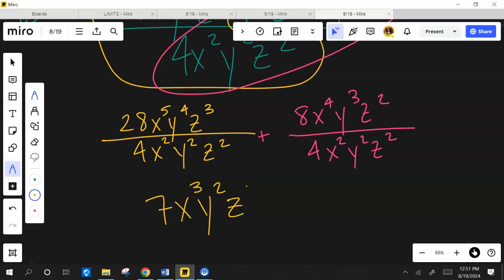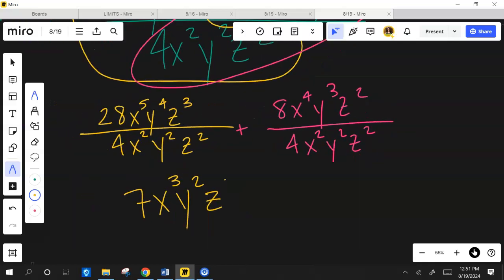Okay? Look at the pink one. 8 divided by 4 is what? I'm sorry, it's 2. Now look at the x's. Subtract the exponents on them.